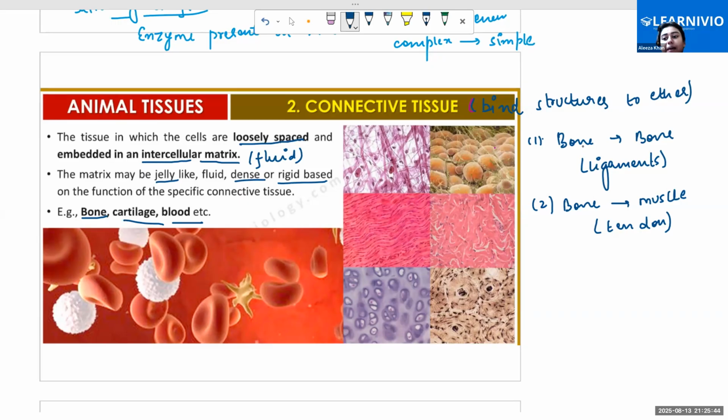It can adapt according to the function. It will become viscous. If something is between two cells, it can be rigid, not exactly hard. The term rigid is used here just to show that it can be viscous also, since it is between the two cells. So according to the function it is performing, it can adapt its nature.